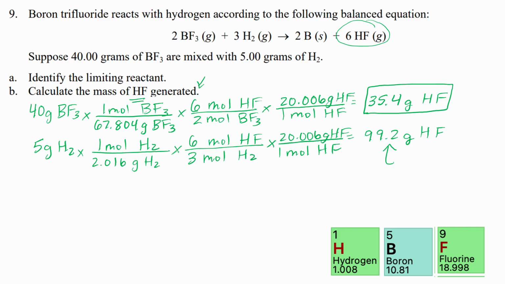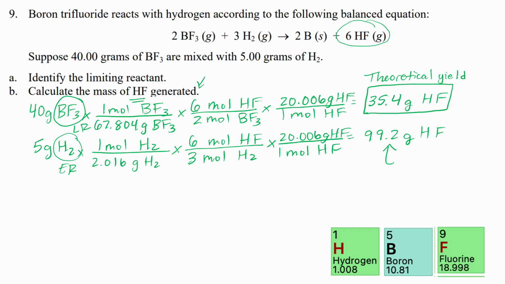So this 35.4 grams of hydrofluoric acid is called our theoretical yield, or the maximum amount of product that can actually be made. And because BF3 is the one producing our theoretical yield, BF3 is going to be our limiting reactant, and H2 is what we're going to have left over at the end, which is known as our excess reactant.